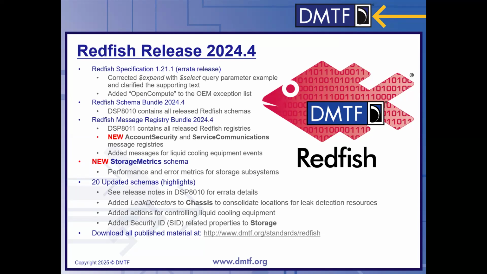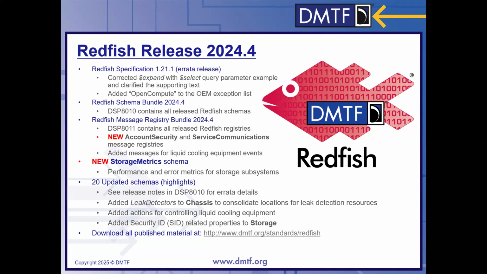Mike will in a second. We'll get into some of the highlights here, but in short, we added the leak detector links and effectively allow those to be part of a chassis subsystem or the part of the chassis resource tree.